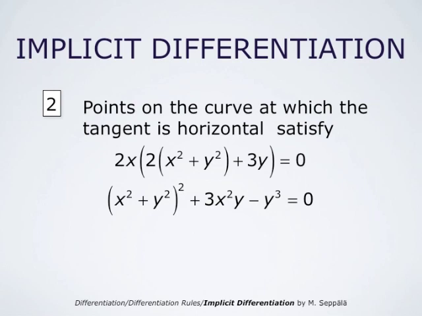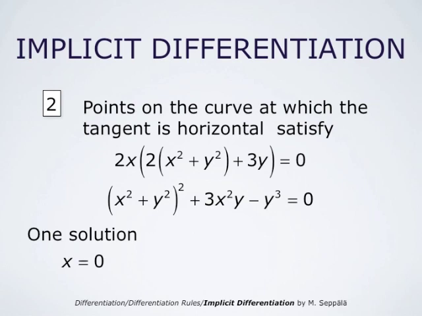Now one solution to the first equation is that x equals 0. If x equals 0, then 2 times x times anything is 0, in particular 2 times x times (2 times (x squared plus y squared) plus 3y) is certainly 0. So the first equation is then satisfied.